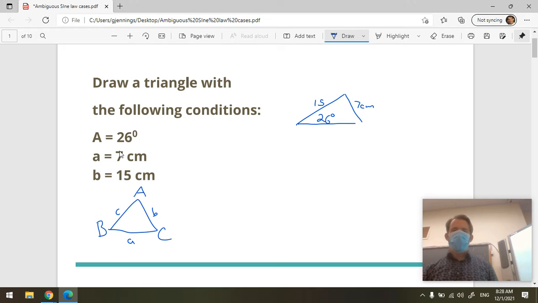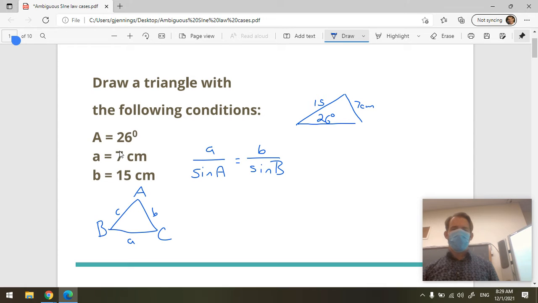If we know this side, we know this side, and we know this angle, that already gives us enough to use A over sine A equals B over sine B. And this is angle B here, because it's opposed to this side there. So that's a formula we can use to solve this angle.